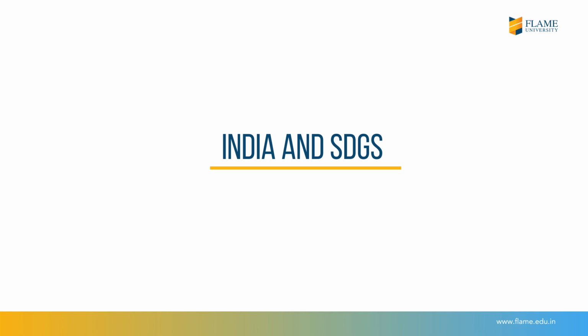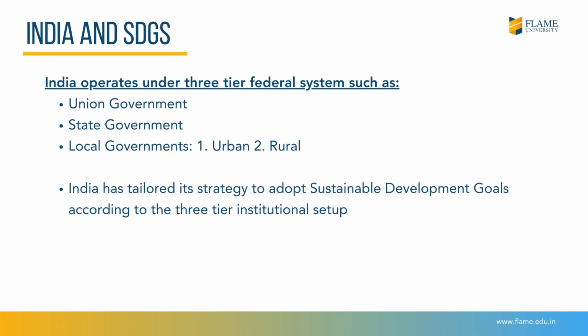So, after the 73rd and 74th constitutional amendments, India has adopted a decentralized government system given its cultural diversity. India operates in a three-tier federal system, meaning national and state level governments are primarily responsible for legislation, scheme design, and policy formulation, and local governments, that is urban and rural, implement these rules and regulations.